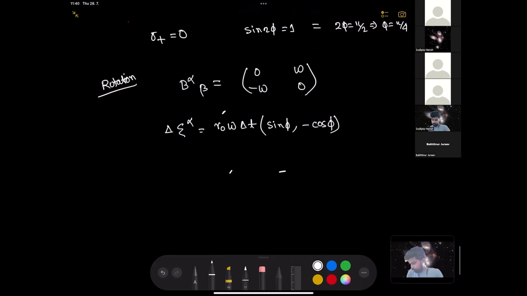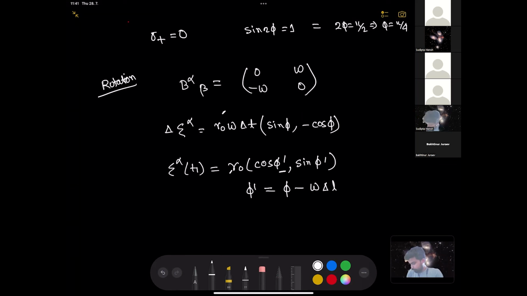And if we calculate the changed psi vector, then basically we will have R0 cosine phi prime, sine phi prime, where this phi prime is phi minus omega delta t.